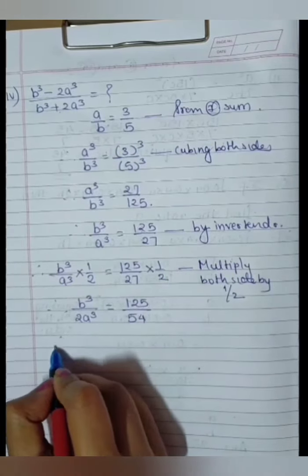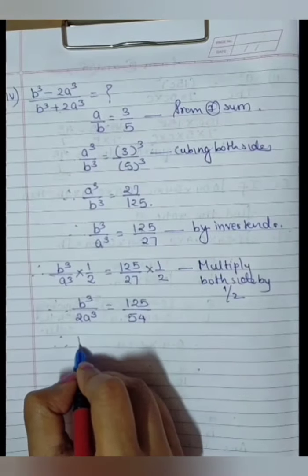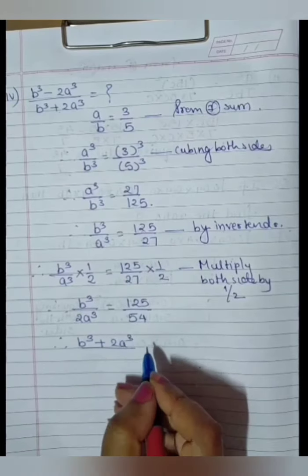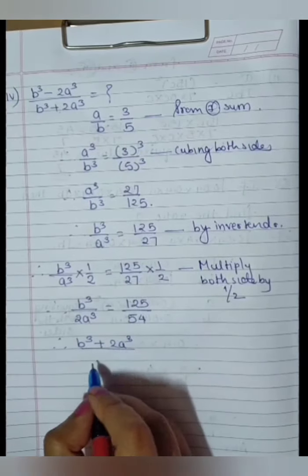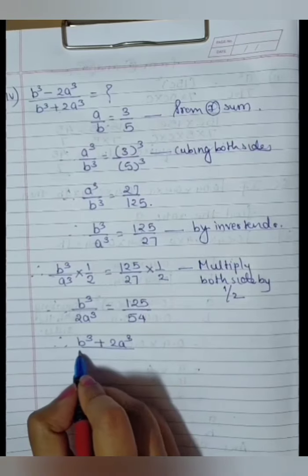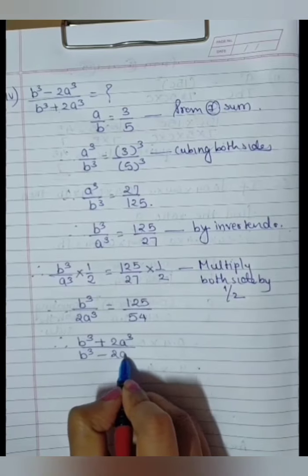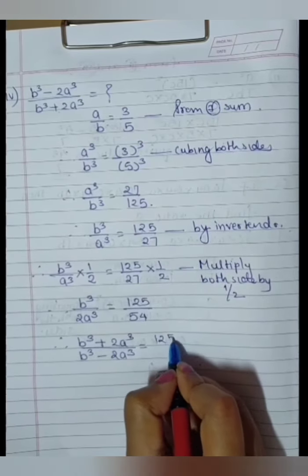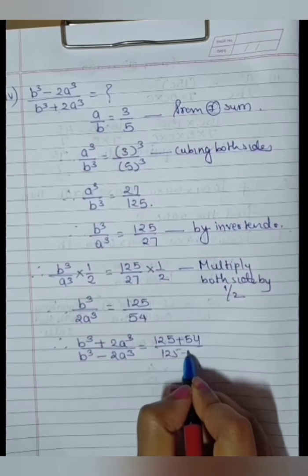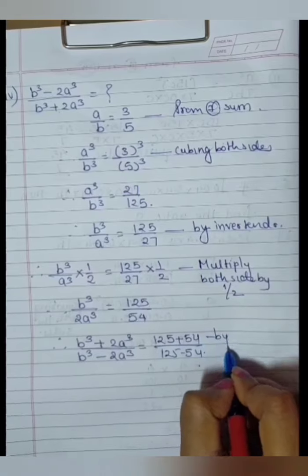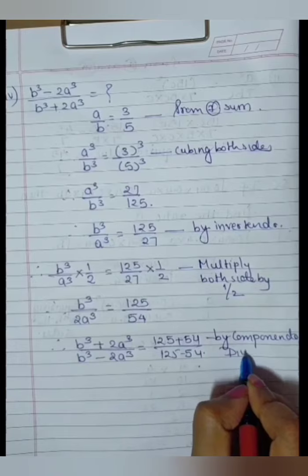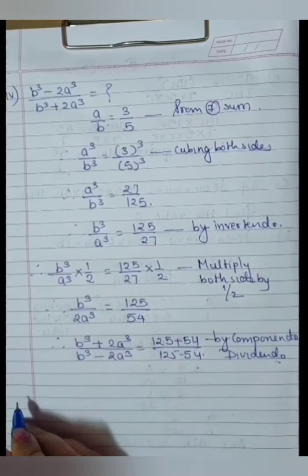And again we write the sum given. What is given? b³ plus 2a³. We will write in componendo and dividendo form. So we are writing positive first, positive in numerator and negative in denominator. Here (125 + 54) upon (125 - 54) by componendo and dividendo. Okay.